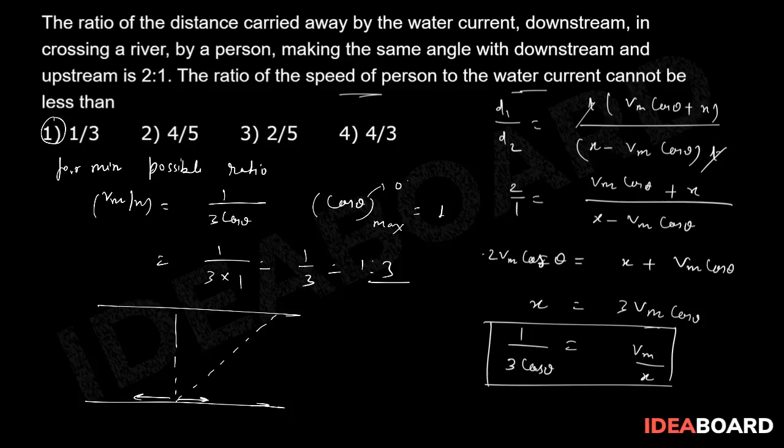So in order to cross the river, theta should be greater than 0. That is the true case. That means the ratio Vm upon x cannot be less than 1 upon 3. That means it is always greater than 1 upon 3. So of course option number 1 has to be the right choice for us. Important question, reverse Sumar problem.